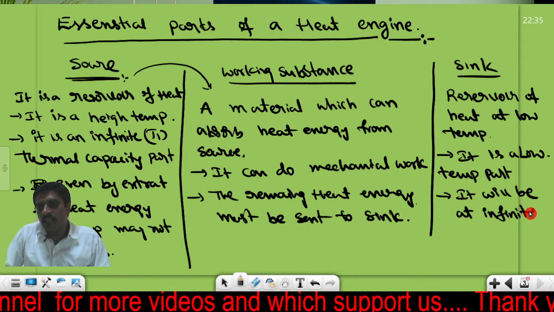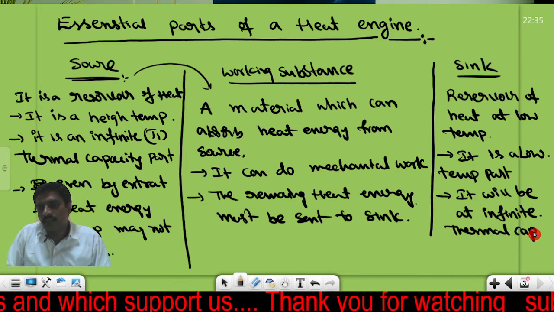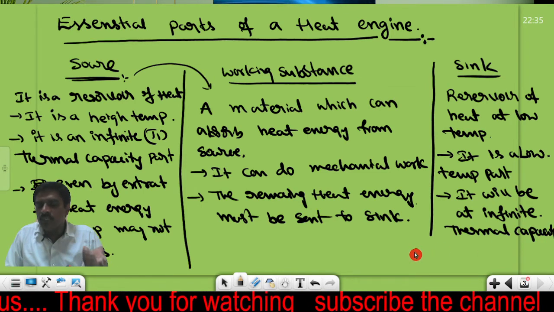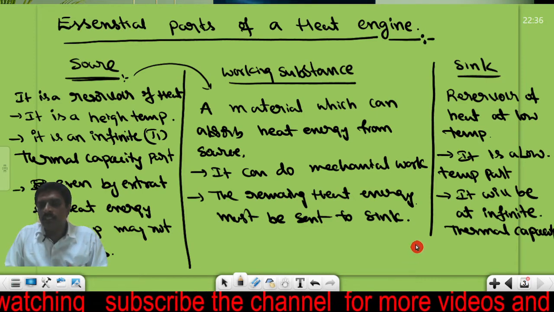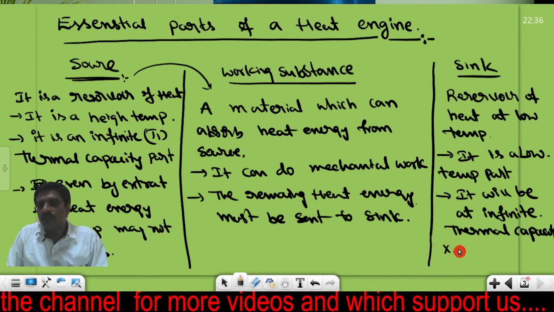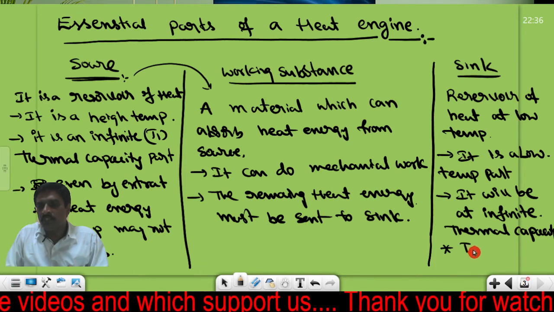Even if we are sending some of the heat energy to this sink, the temperature will not vary, due to its high thermal capacity. So the temperature must be constant.